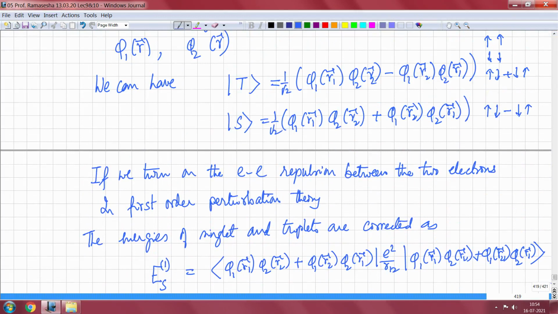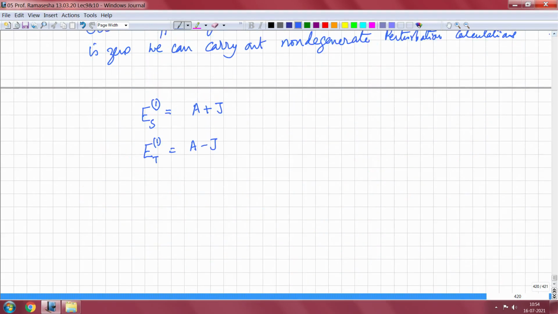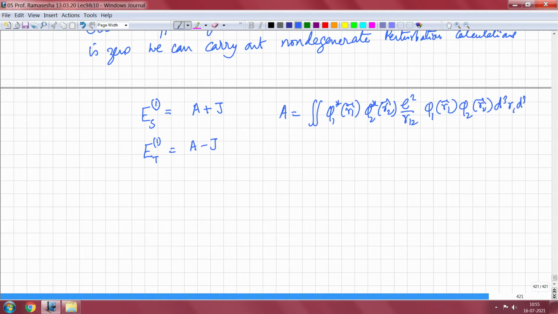The spin part I am not going to normalize because you assume that the states are normalized by themselves. So what is A? A is the Coulomb integral, which is given by integral phi1 star r1 phi2 star r2 e squared upon r12 phi1 r1 phi2 r2 d cubed r1 d cubed r2.